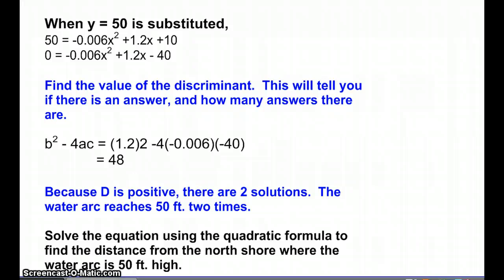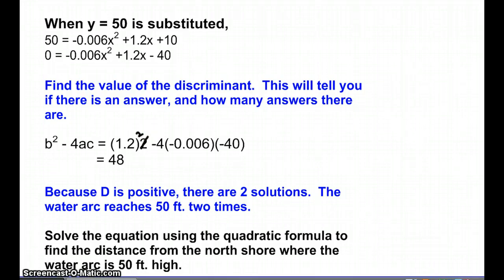So b squared minus 4ac is 1.2 squared minus 4 times negative 0.006 times negative 40, and that is 0.48. Because the discriminant is positive, there are two solutions here. The water arc reaches 50 feet 2 times.